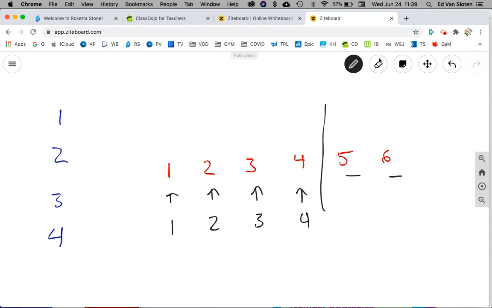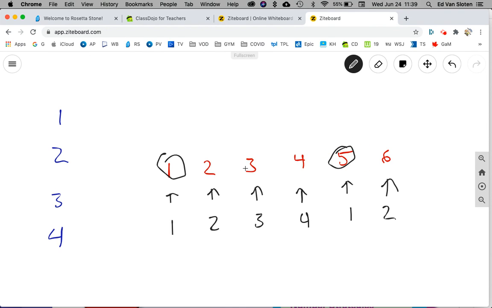But let's say you don't figure that out. You can't just say, okay, 5, it goes to person number 1, 6, it goes to person number 2. Because then person 1 has 2 chances.